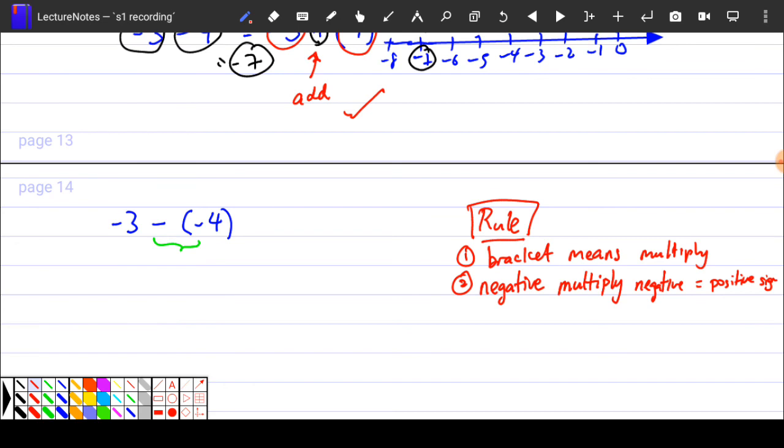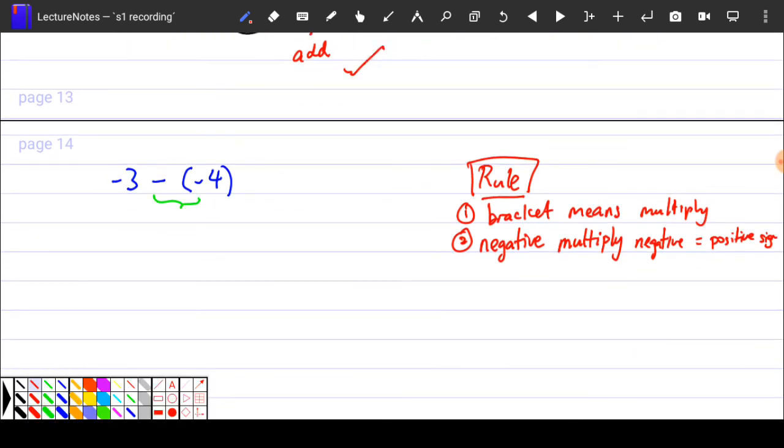So let's just understand it using this example. We see that now this is actually a multiply, and this is actually a negative. So what it means is this will become negative 3 plus 4.